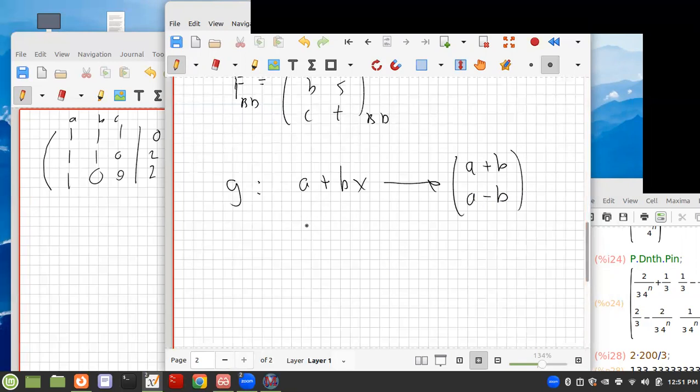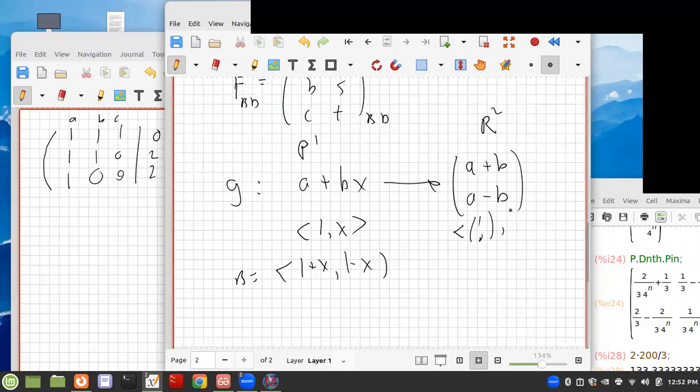You have to have a basis here, say 1, x or 1 plus x, 1 minus x. You're given a basis for this space, which is P1. And over here, this is R2. So we could have a standard basis or a non-standard basis for either one of these. We could have 1, 0, 0, 1. We'd have 1, 1, 1, minus 1, a non-standard basis. So we can do the same thing here.